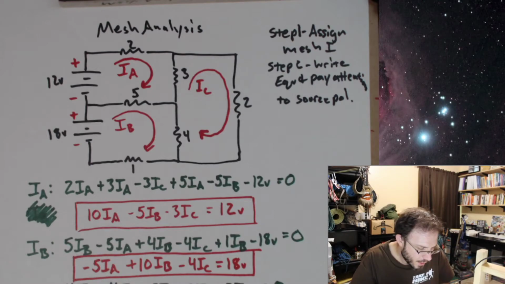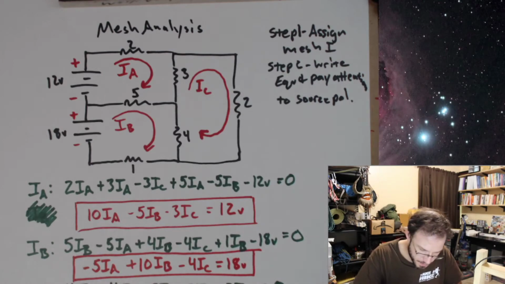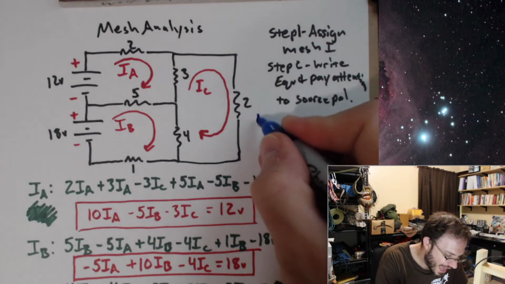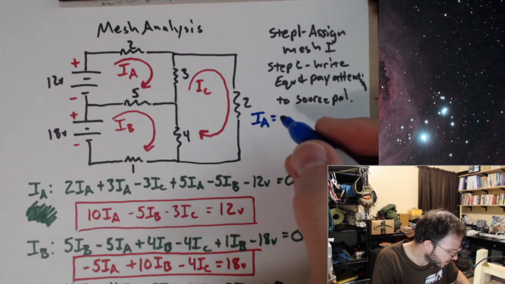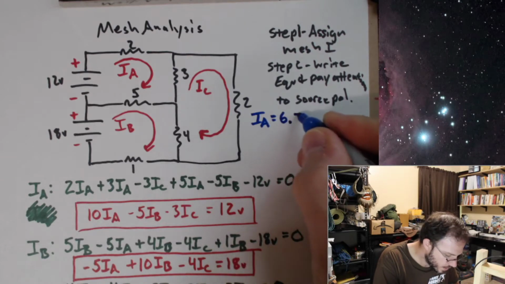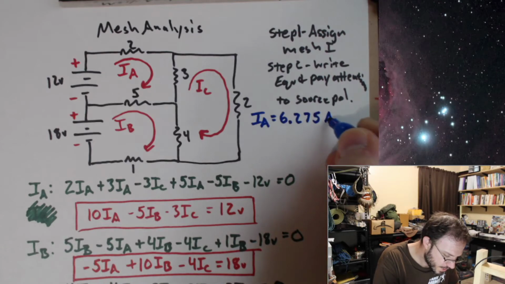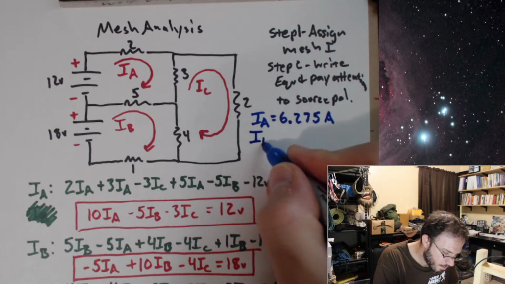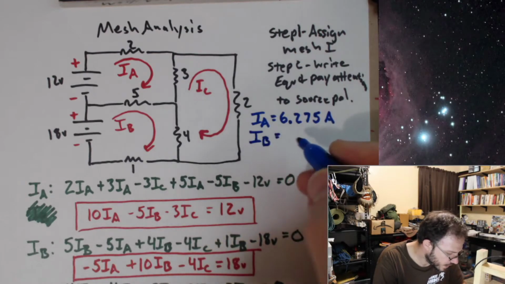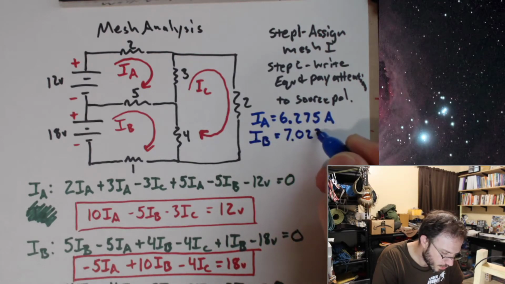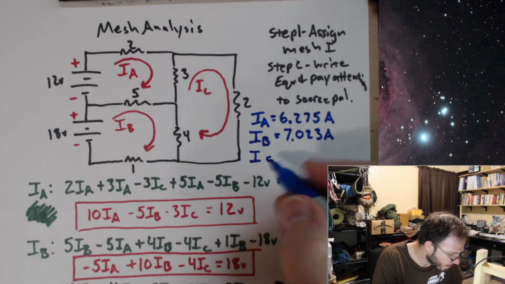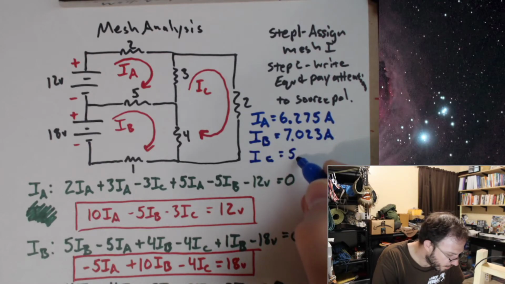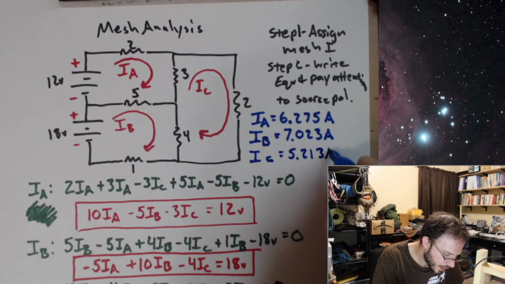Okay, so let's go ahead and write out what these values ended up being equal to. We ended up with IA equal to 6.275 amps, a mesh current IB equal to 7.023 amps, and an IC equal to 5.213 amps.